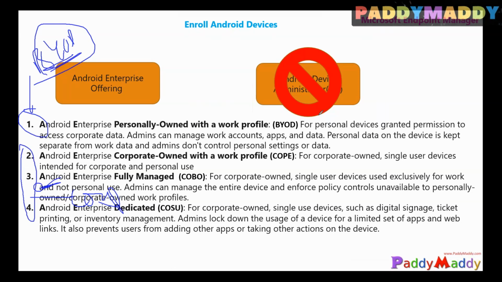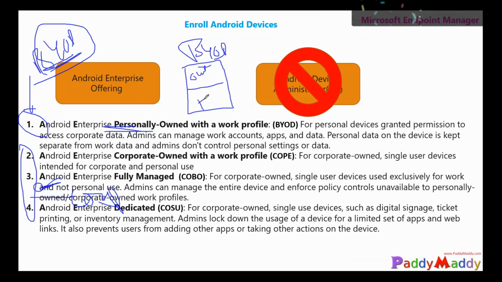So what exactly is the personally owned device? It's nothing but bring your own device, meaning the device is owned by you. You can have your corporate apps, for example Outlook, as well as the personal profile side with Facebook or Twitter or whatever applications you like.